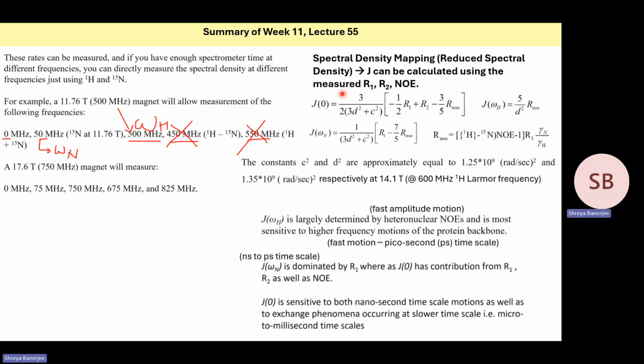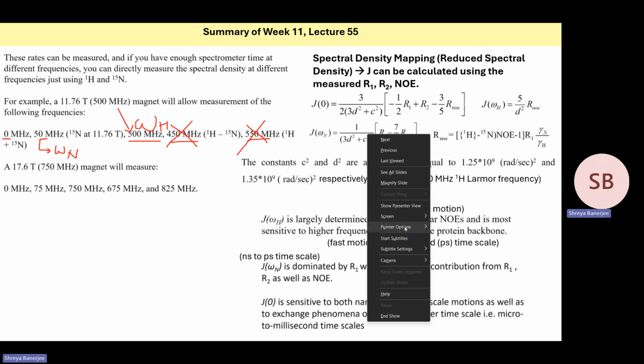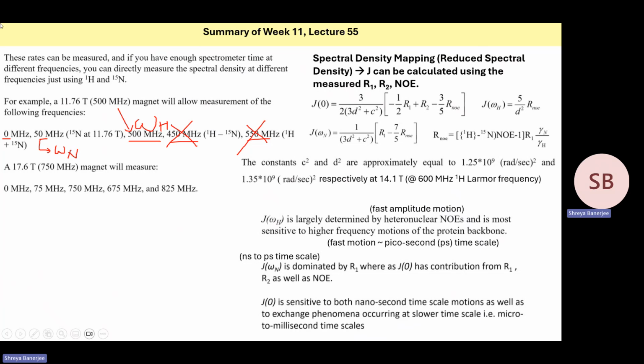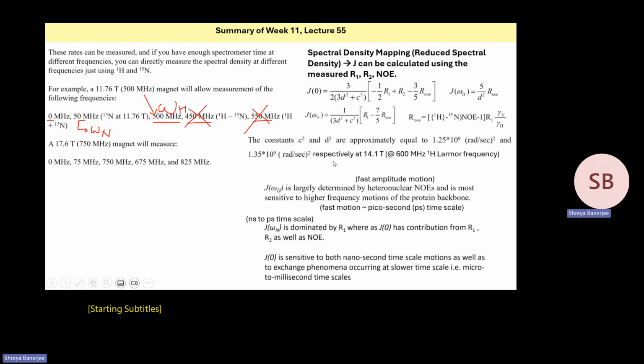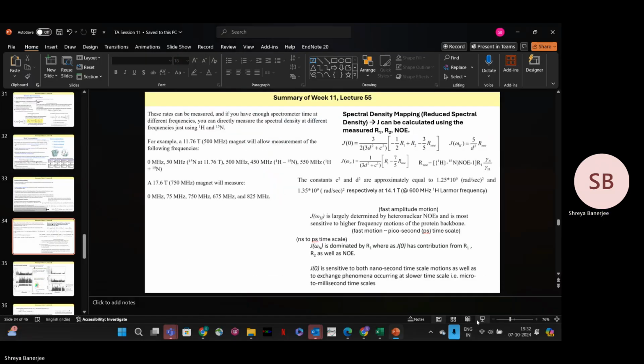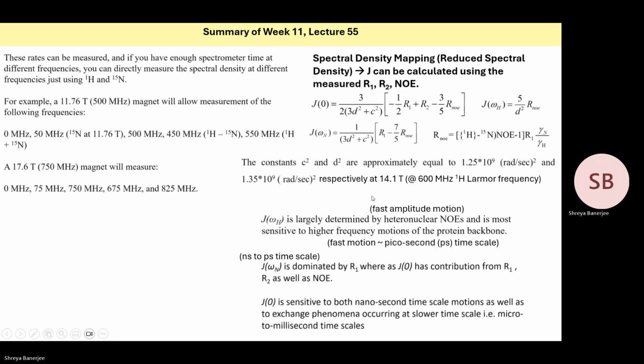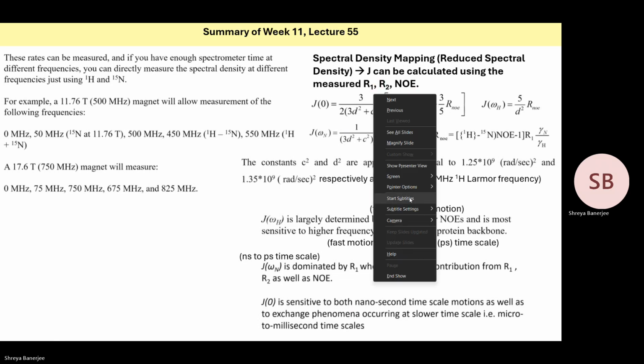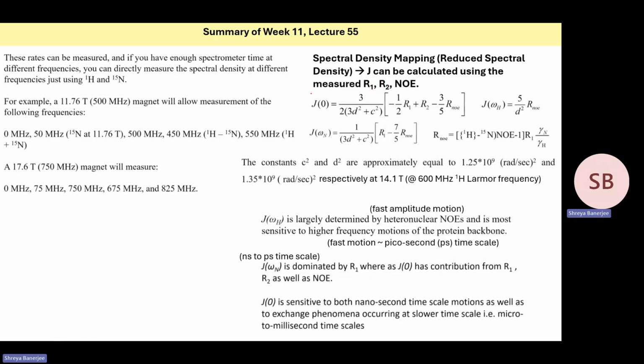So now from the 3 observable values R1, R2, and NOE, we can calculate the spectral density functions J0, J omega h, and J omega n. The formulas are given here. As I said, you don't need to remember these formulas, but these are the ones which you can remember, because these are what you arrive at the end of everything.